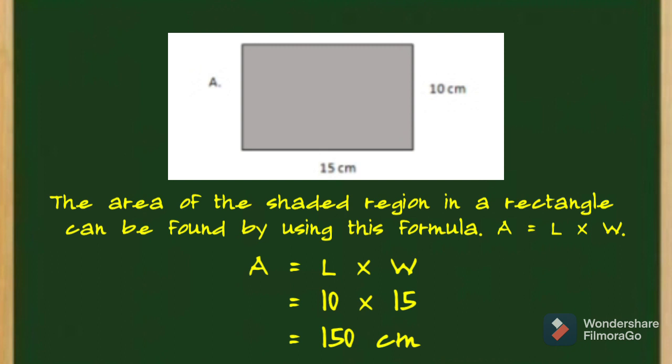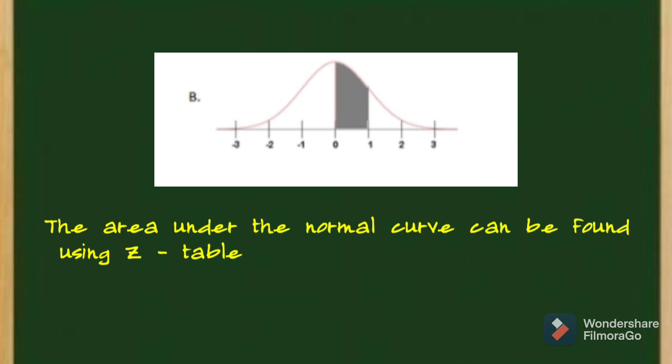So our length is 10 centimeters times 15 centimeters. So in total the area of the shaded region is 150 square centimeters. In figure B, the area under the normal curve can be found using the Z table.